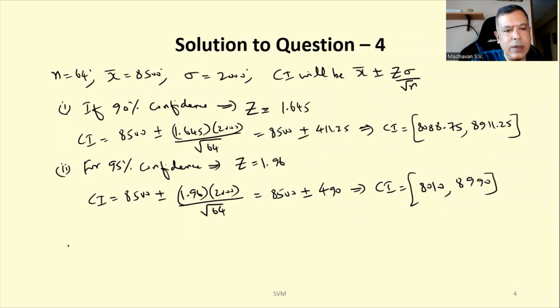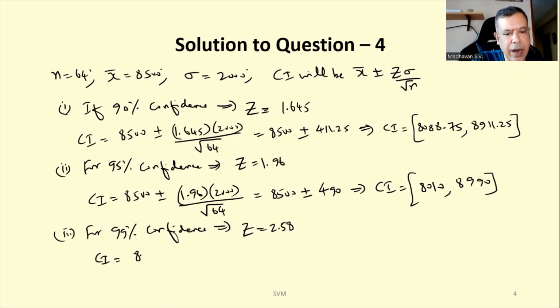Then third, for 99% confidence, it is basically a 1% level of significance, so the z value will be 2.58. The confidence interval will be 8500 plus or minus 2.58 into 2000 divided by root 64, which is 8.